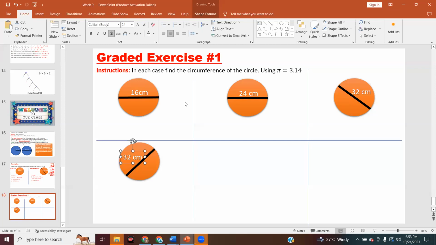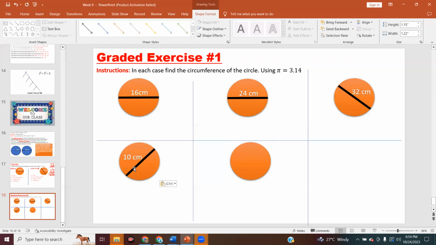All right, that's what I'll say for this one. Let's say this is 10. And let's say that for this one, we have it coming all the way up and down.